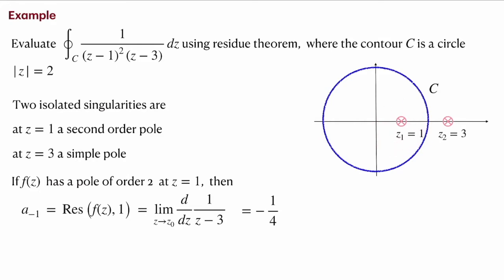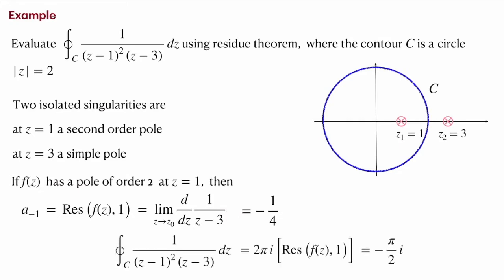We computed this in the last example itself, and the residue at z equal to 1 is minus 1 by 4. It's a simple exercise: for a pole of order 2 we can straight away substitute and obtain it. And the integral of f of z equal to 1 by (z minus 1) squared into (z minus 3) over the contour mod z equal to 2 is given as 2 pi i into the residue at 1. This is equal to minus pi by 2 into i. So this is how we use the residue theorem.